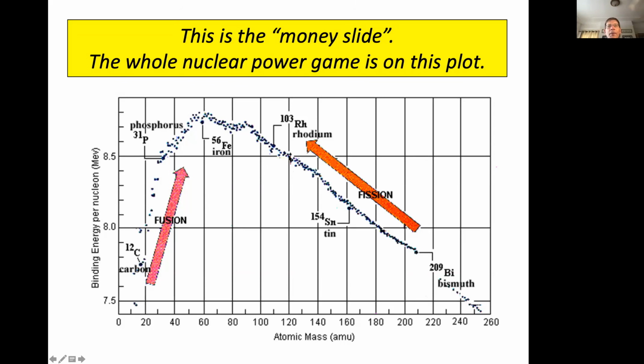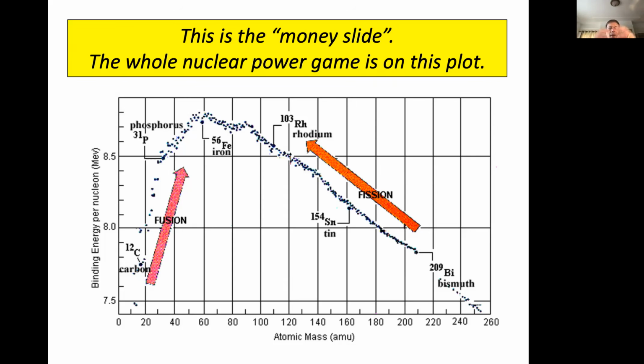On average, there was an additional 0.9 MeV of binding energy per nucleon associated with the difference between the mass 120 species and the mass 240 species. So 0.9 MeV times 240 is about 200 MeV. That's a lot of energy. So that's the name of the game.